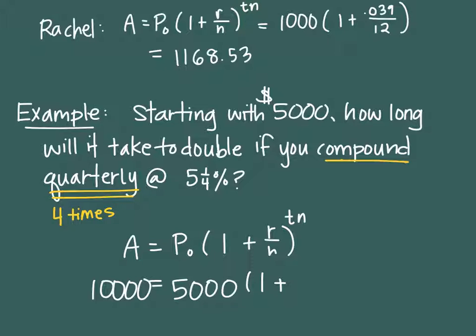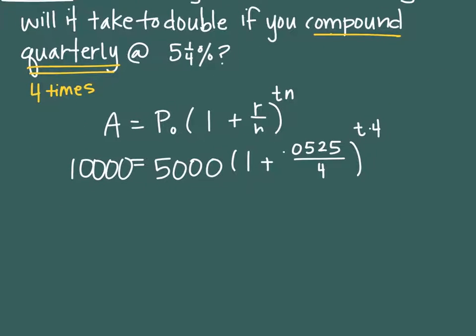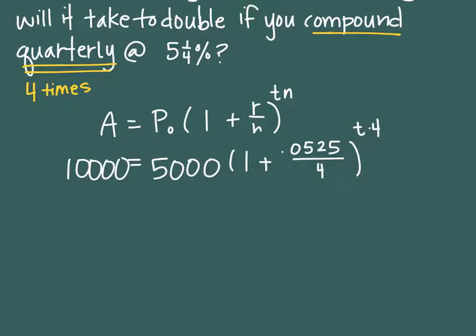And then I have to move the decimal 2 places, so that'll turn out to be 0.0525. And then the n is going to be 4 for the 4 times per year. And then we have t times 4. So we don't know what the t is. The t is what we're trying to figure out.